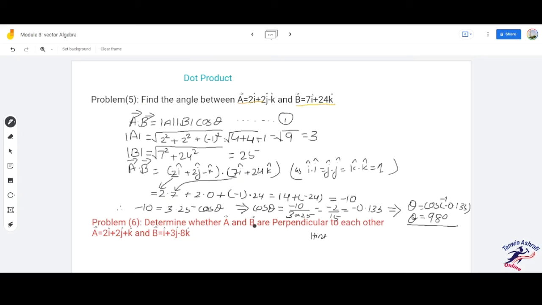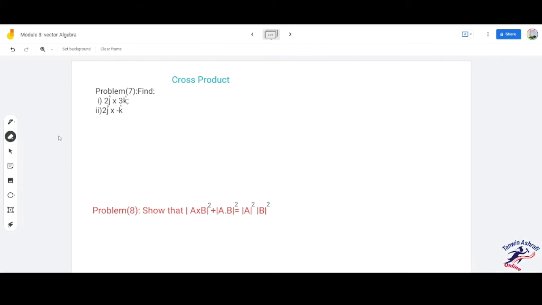If A and B are perpendicular to each other, as we already discussed, A dot B is equal to 0. So we have to check whether A dot B is equal to 0 or not. This is the hint from my side for you to solve this question. Try by yourself.